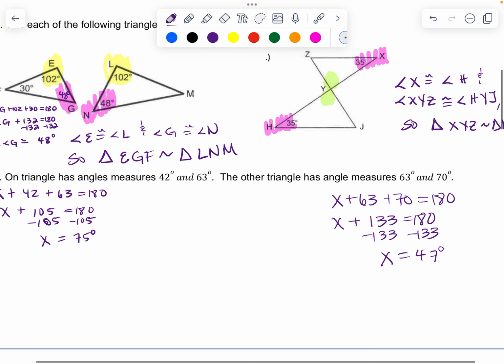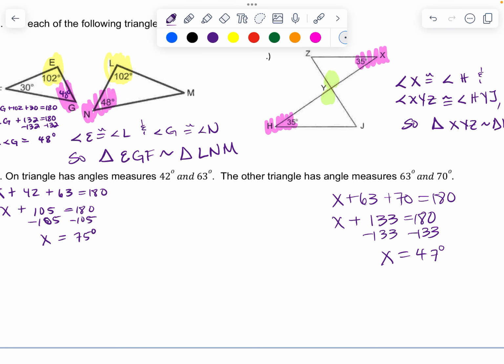Now, do they have two angles that are congruent to each other? Well, they have the 70. No, they do not. They have the 63 that is congruent, but they don't have another one.